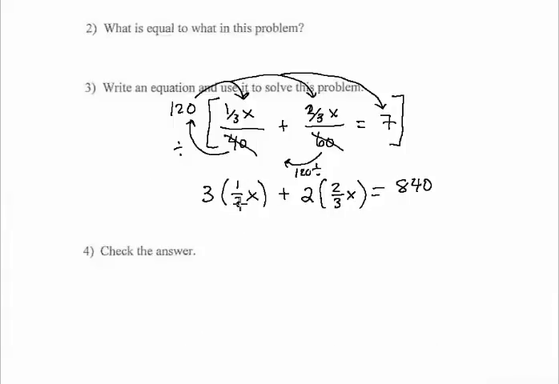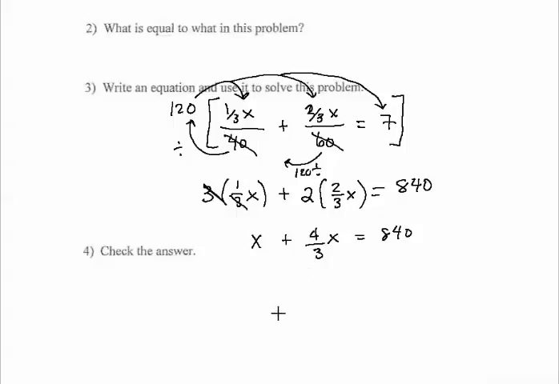Still we need to go back and clean this up a little bit. This 3 knocks out the 3 on the bottom of the 1/3 and just leaves us with an x. This 3 doesn't cancel. We have a 4 over 3x. And then we have the 840 on the right hand side.